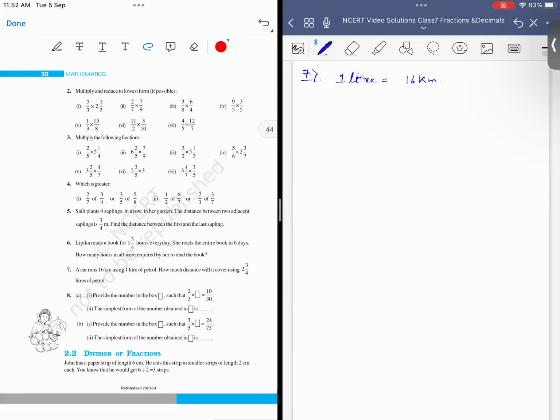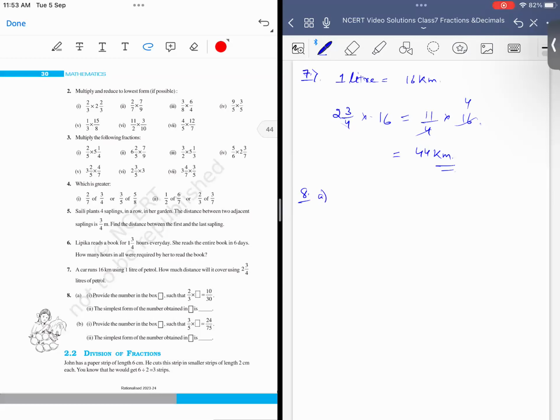How much distance will it cover using 2/3 of a liter of petrol? So 2/3 into 16, that is 44 kilometers.